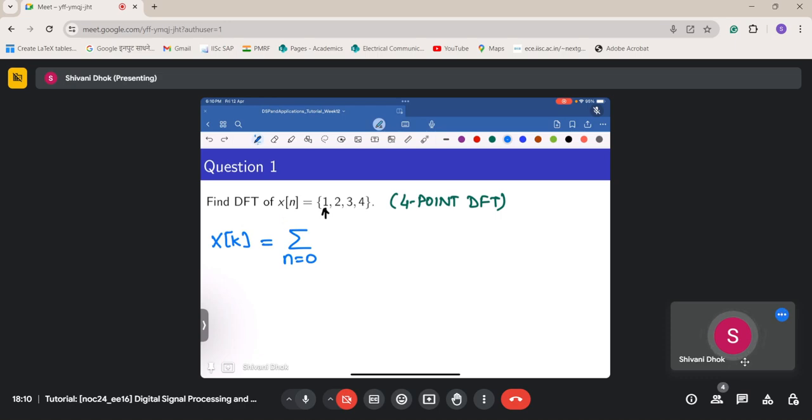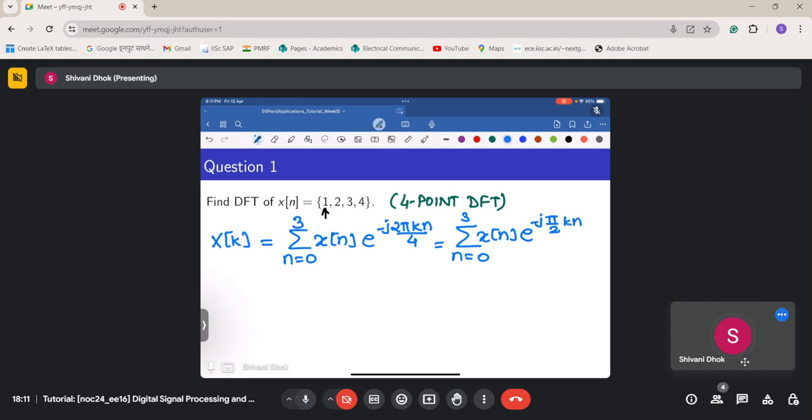So here N is 4, so n minus 1 is 4 minus 1, 3, of x of n into e power minus j 2 pi k n by capital N, which is 4. This is equal to the summation n equal to 0 to 3 of x of n into e power minus j pi by 2 kn.